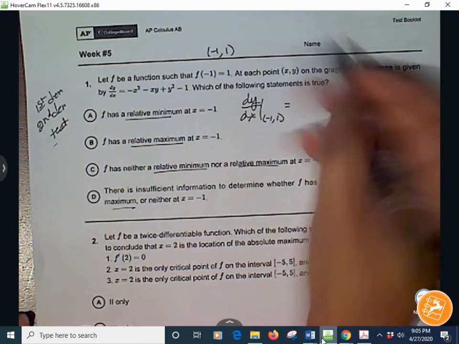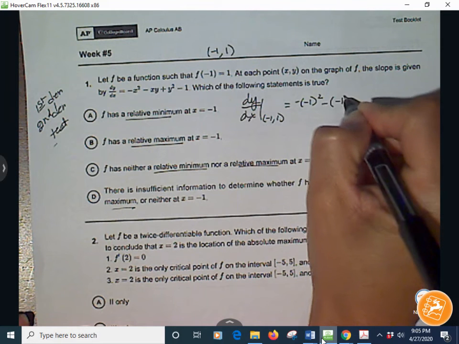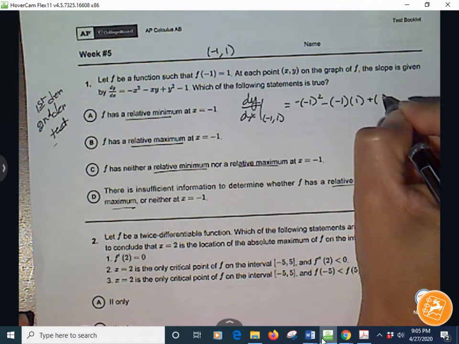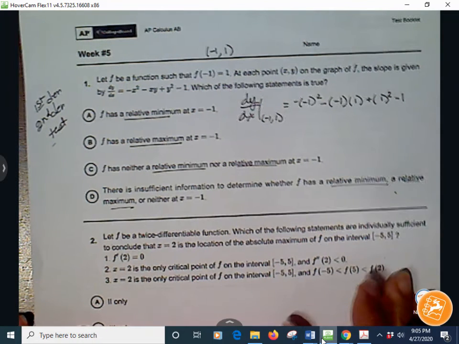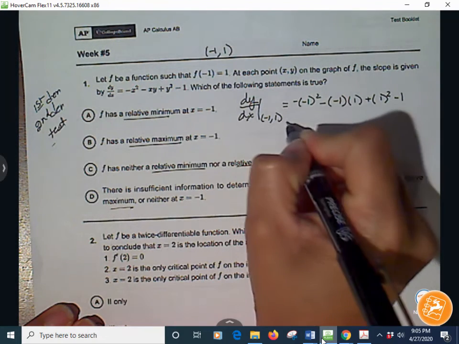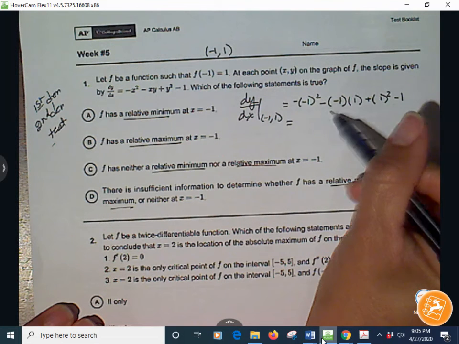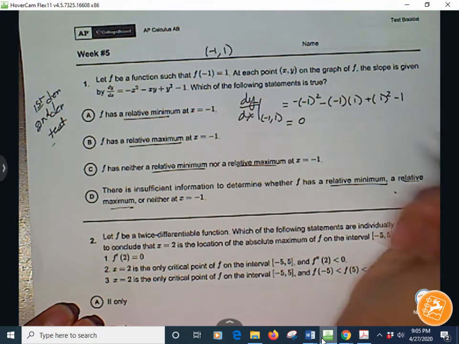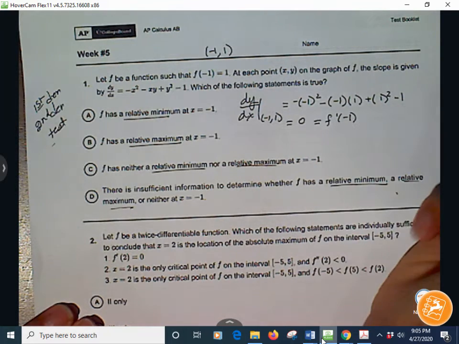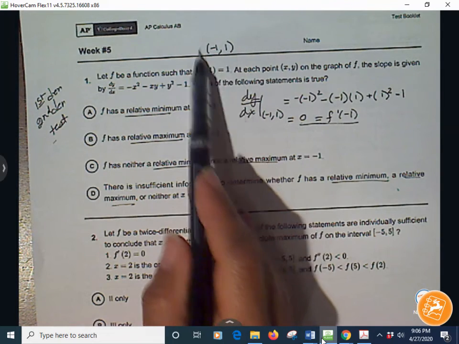When I put -1 in for x, I will have minus -1 times y, which is 1, plus 1 squared minus 1. That's the first derivative evaluated at this point. When you work it all out, that's +1, and that's -1, so you should get 0. That means f prime of -1 is equal to 0, which means that's a critical number, or a critical point, I should say.